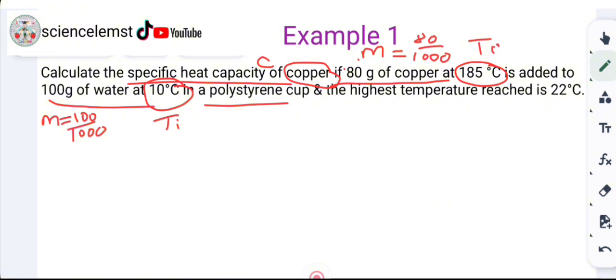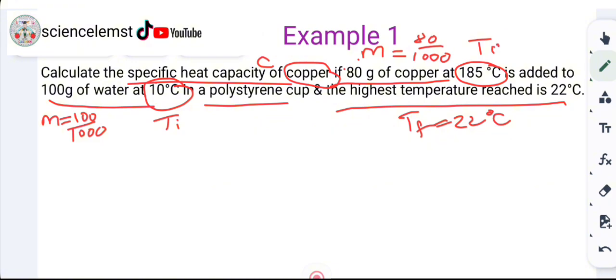So it's going to keep the temperature of the mixture. The highest temperature that can be reached is 22 degrees Celsius. So it means once the copper is inside the water, the final temperature that they are going to reach is 22 degrees Celsius.